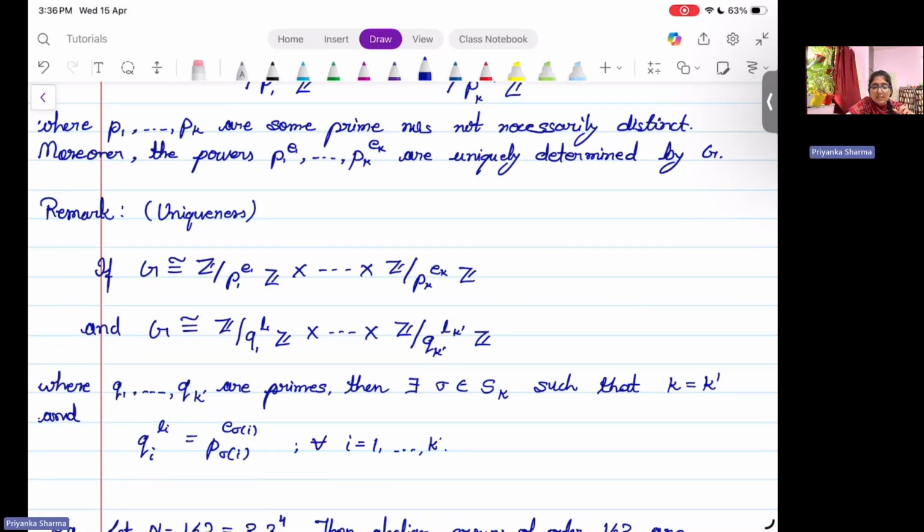Now, what is the meaning of uniqueness here? Suppose G is written in this direct product form, that is G is isomorphic to Z mod p1 to the power e1 Z cross up to Z mod pk to the power ek Z, and G is isomorphic to this group as well, which is Z mod q1 to the power l1 Z cross up to Z mod qk dash to the power lk dash Z. Here again q1, q2 up to qk dash are prime.